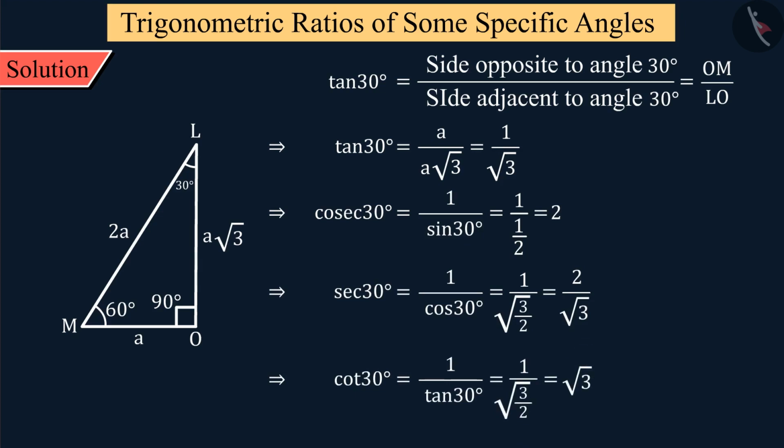So, in this way, we have obtained all trigonometric ratios of 30-degree angles.